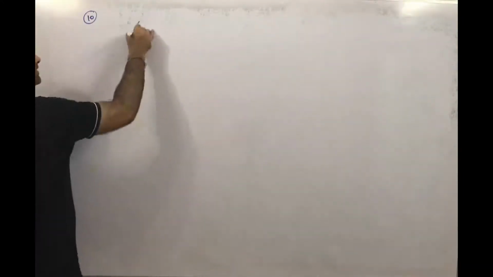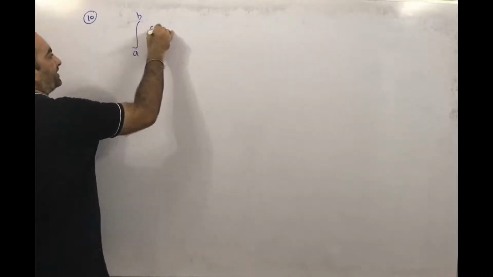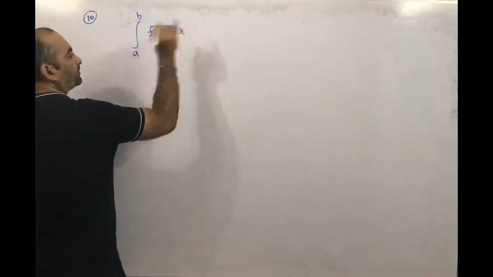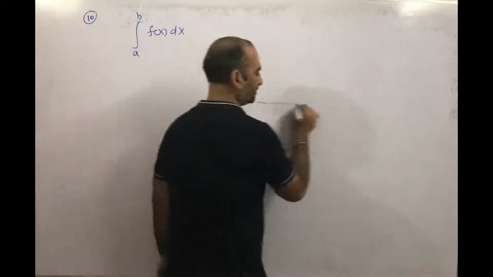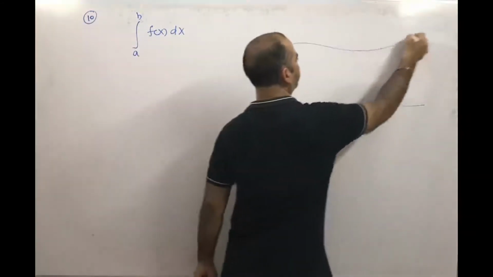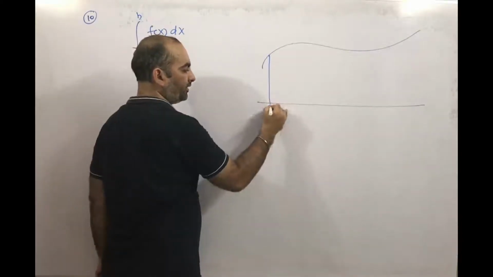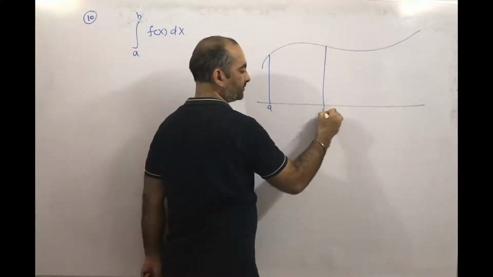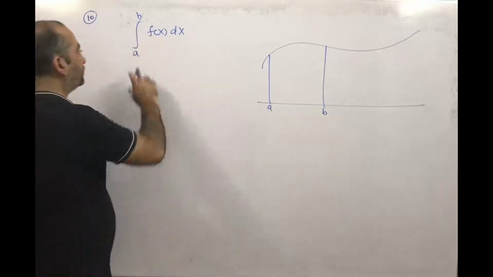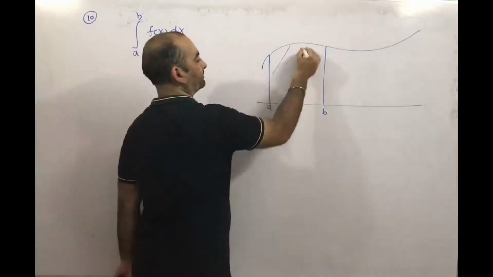Integration of a to b f(x) dx is there, so we are drawing the graph. This is the graph of f(x). This is the a point, and this is the b point. So integration a to b f(x) dx is this area.